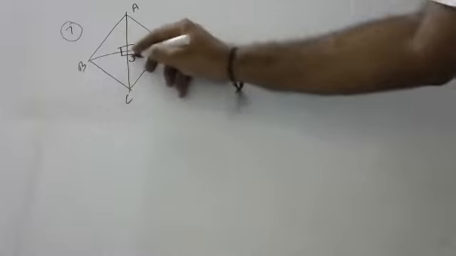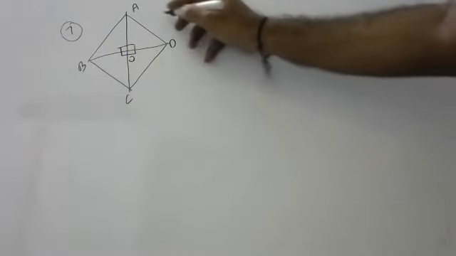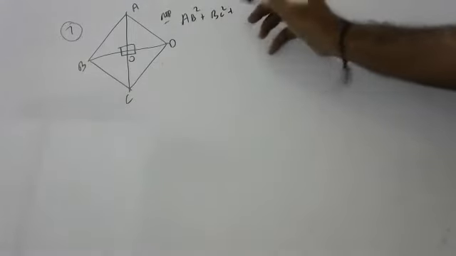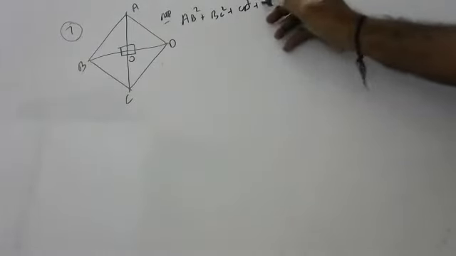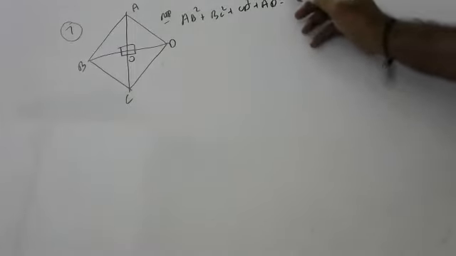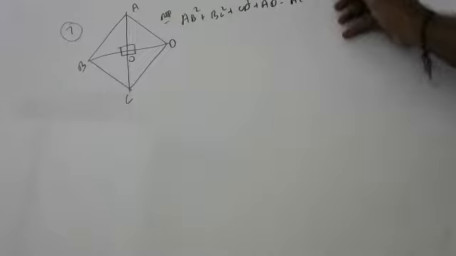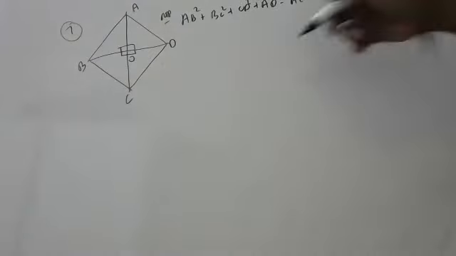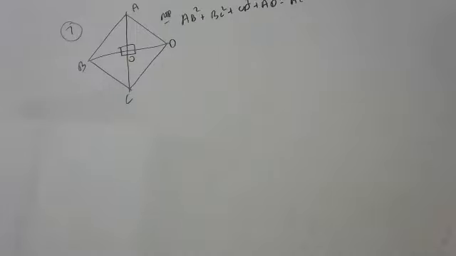We are required to prove that the sum of squares of the sides of a rhombus is equal to the sum of squares of its diagonals.